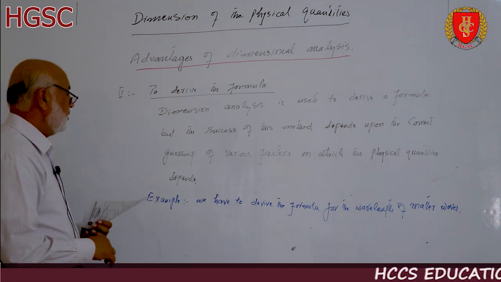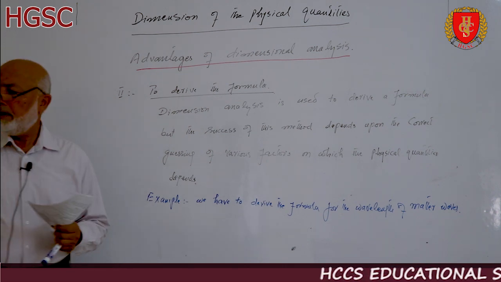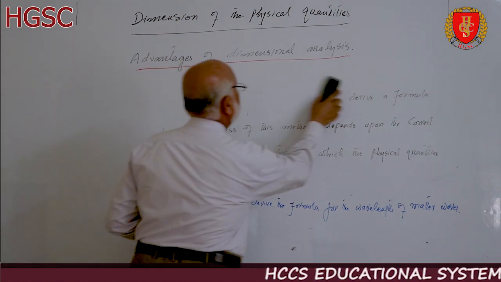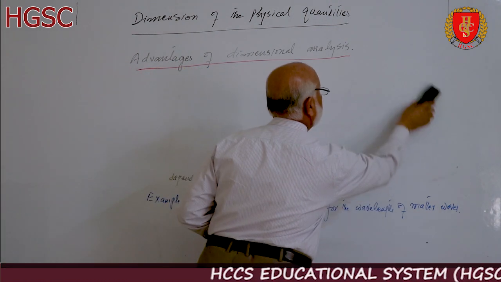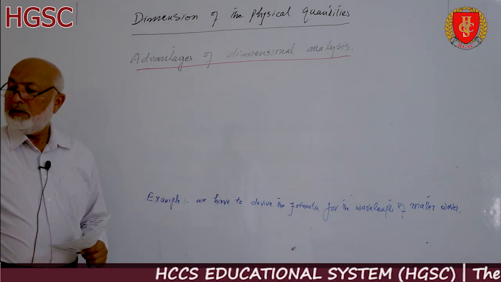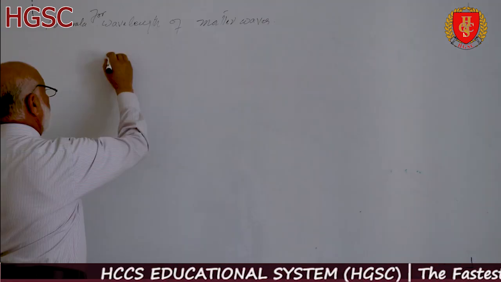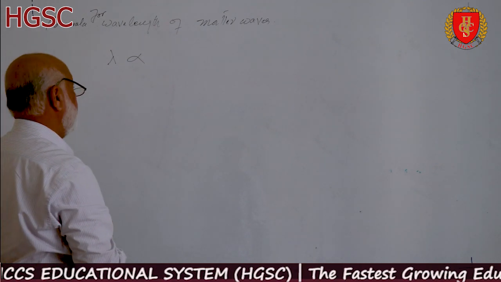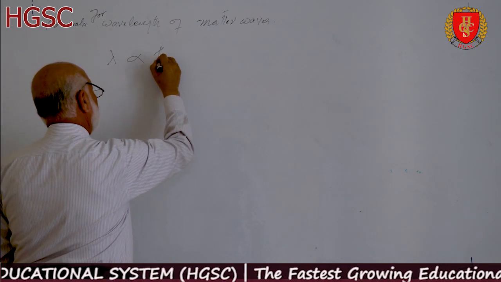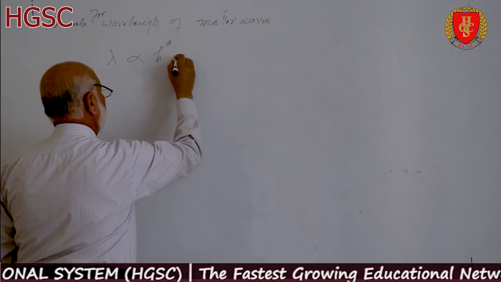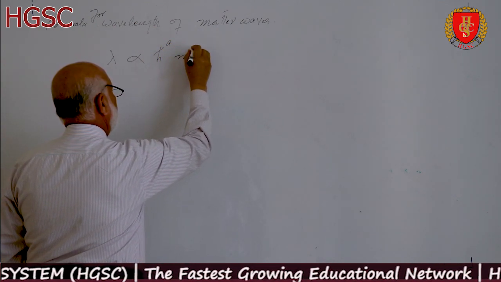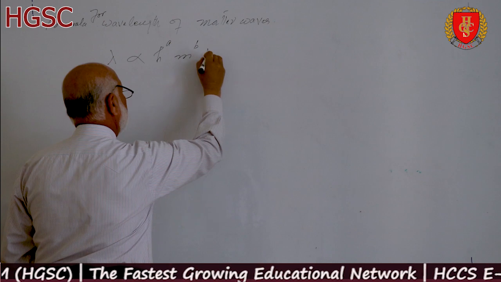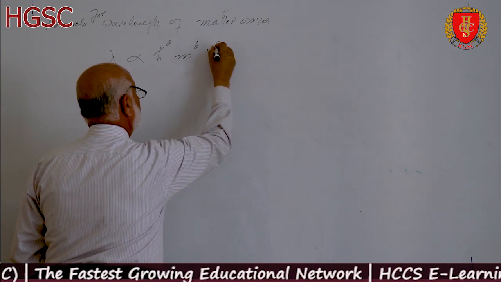We can guess that the wavelength lambda is directly proportional to h power a, m power b, and v power c.